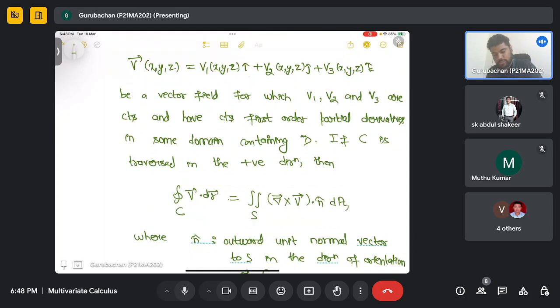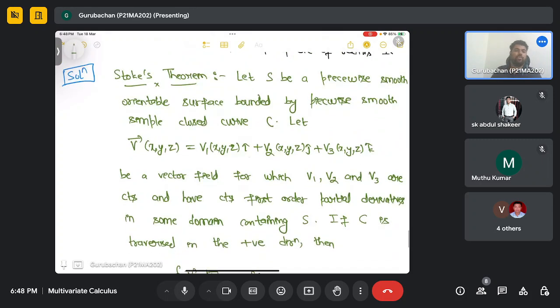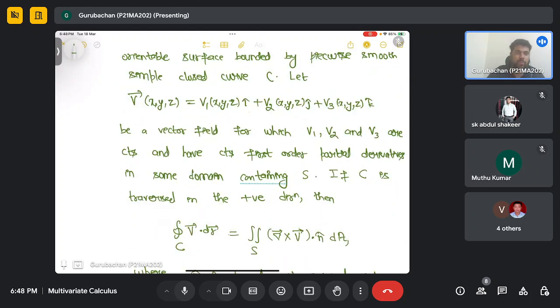Rather than D, we have to write S, since we are using that notation. So S is a piecewise smooth orientable surface bounded by a piecewise smooth simple closed curve C, and we have a vector field whose components are continuous and have first order partial derivatives in some domain containing S. If C is traversed in the positive direction, can anybody let me know what the positive direction is?